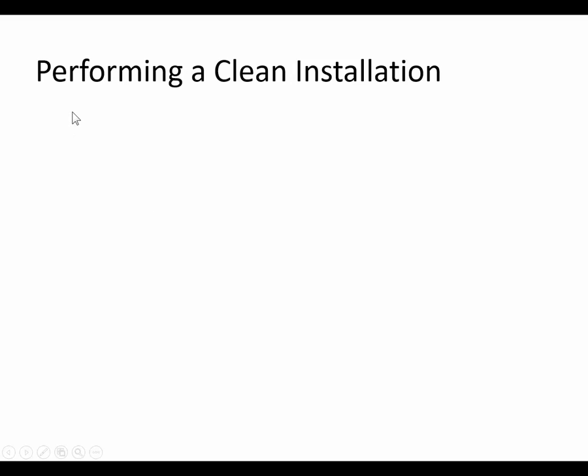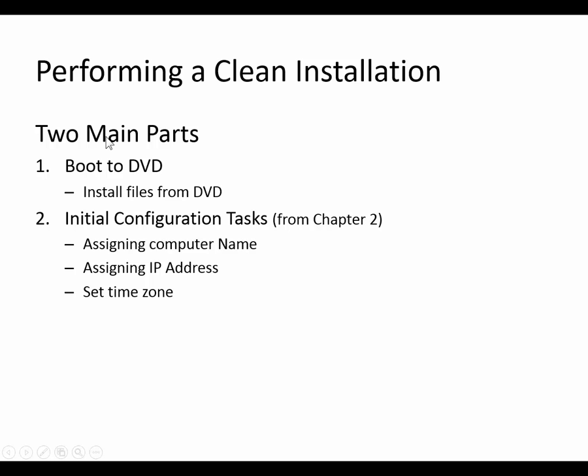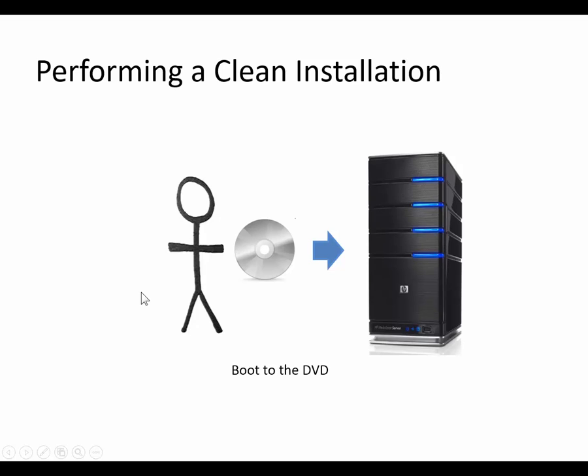To perform a clean installation, you have two main parts. The first part is you boot from the DVD and you copy the files from the DVD to the server hard disk, and then you perform the initial configuration tasks, which include assigning a computer name, assigning an IP address, and setting a time zone.